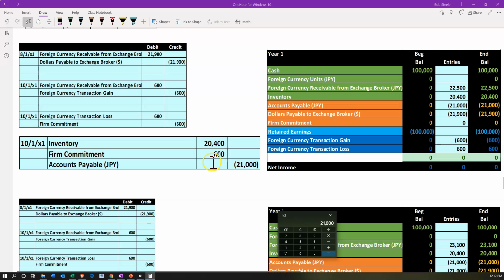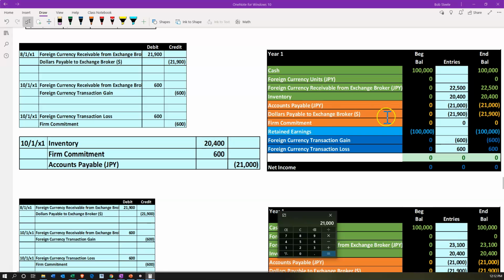We basically put it on the books like we normally would for the purchase price using the current spot rate, exchange rate at that point in time, and then capitalized the change in the foreign currency into the price of the inventory, including it in the cost of the inventory. So the inventory on the books is 20,400, the plug, the 21,000 minus the 600.